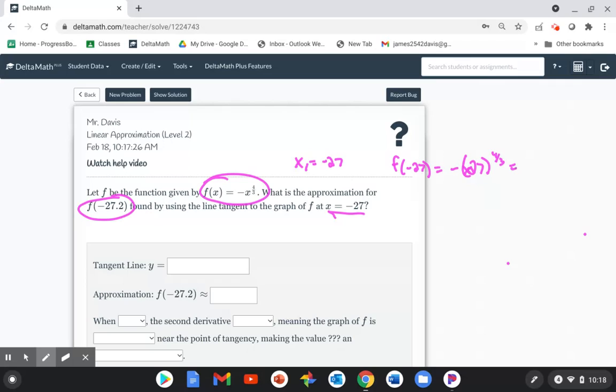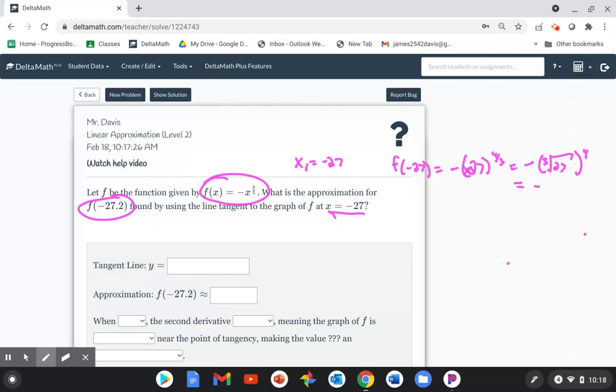And you could actually do this without a calculator. How you would do this is you would want to rewrite this into your rational or your root form. Remember, the top is the power and the bottom is the root. So you would do the cube root of 27 to the 4th power.